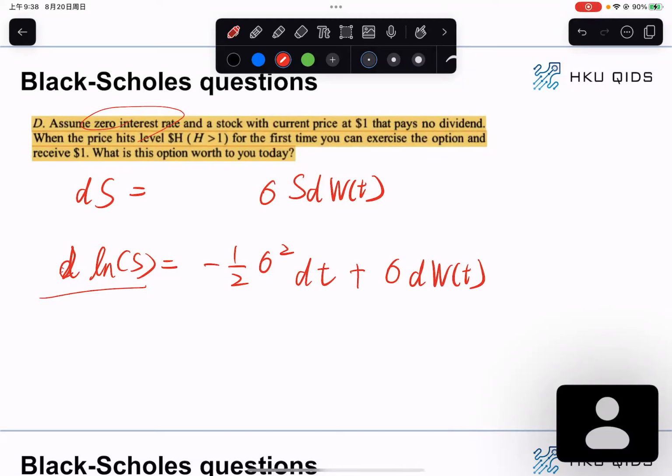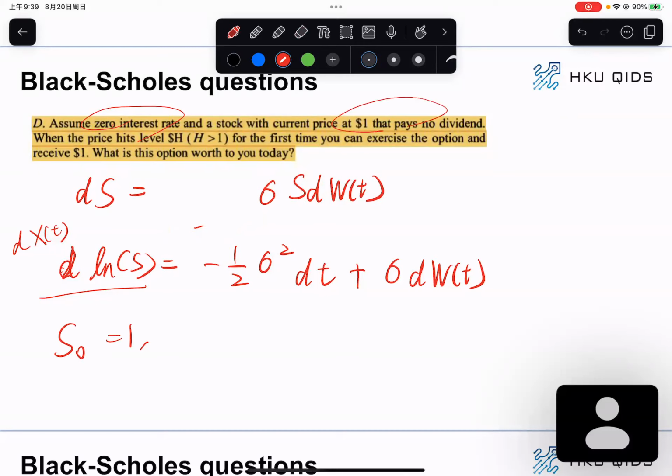This is just our original Xt, and we know that in the risk neutral place originally it is mu minus 1/2 sigma square, and mu is just equal to r, right? And now we have r equal to 0, so that's why this part is gone. So we only have negative 1/2 sigma square here, but the second part is just the same. And we have S0 is going to be 1, right? At 1 today.